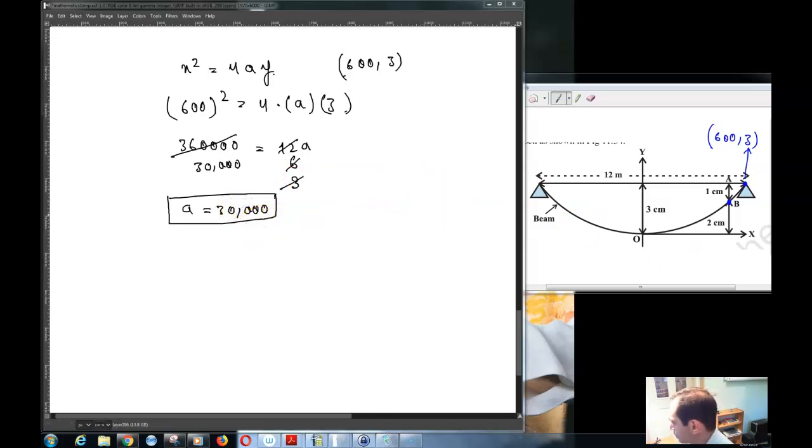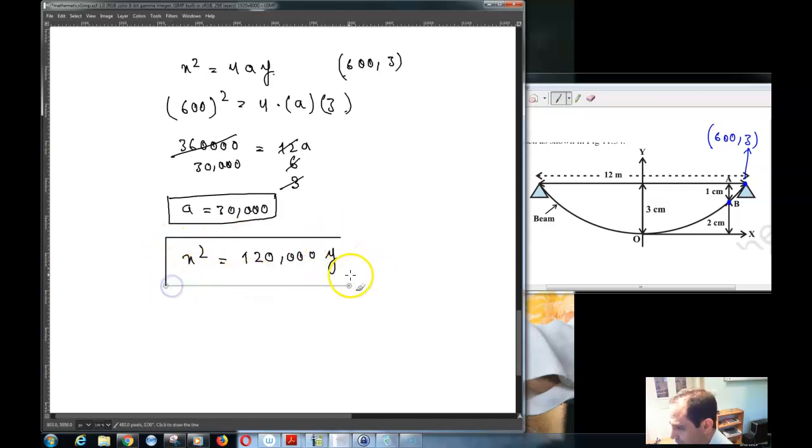Okay. So now if a is equal to 30,000, I can write the equation of this parabola as x squared is equal to 4ay. So 4 times 30,000 is 120,000, so x squared equals 120,000y. That is the equation of the parabola. Now there is a point over here whose height is 2 centimeters.